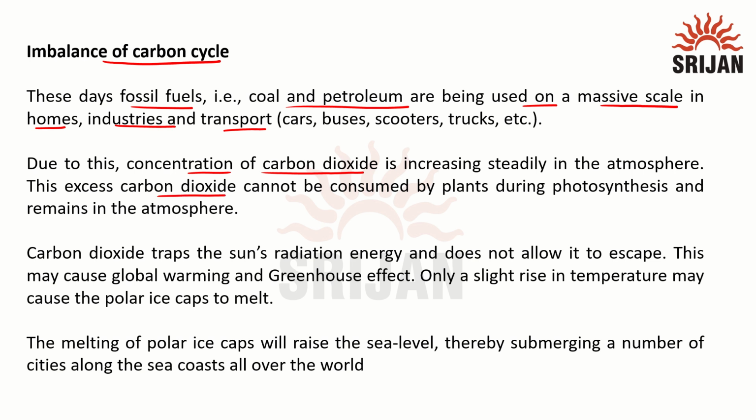This excess CO2 cannot be consumed by plants during photosynthesis, and it keeps getting accumulated in the atmosphere. And carbon dioxide traps the sun's radiation, that is heat energy, as it is a greenhouse gas and does not allow it to escape from the atmosphere. So this will cause global warming and the greenhouse effect. Now this trapping of heat energy can increase the temperature of the earth.